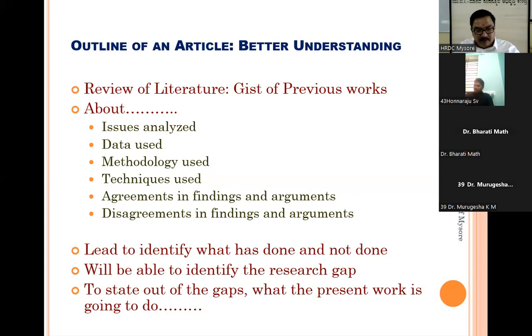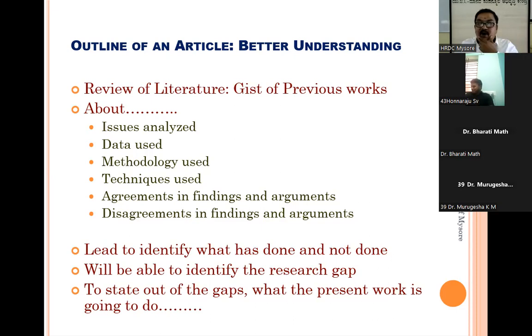For example, in the title itself, you have written an analysis of interrelationship between the fiscal deficit and the growth of India, a co-integration analysis. You have written, okay. Just by reading the co-integration analysis, your paper will be published, because co-integration is a highest level of technique, econometric technique.